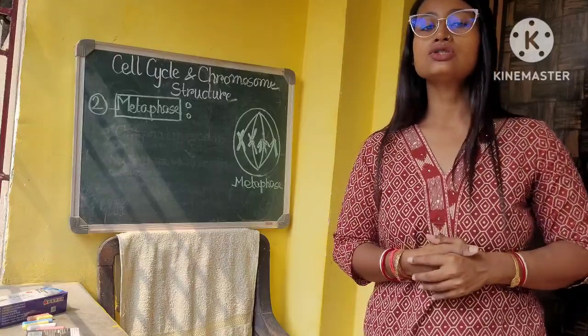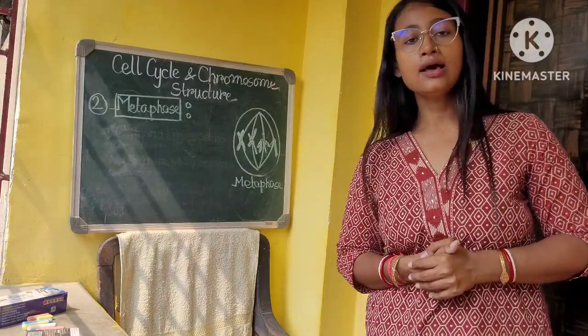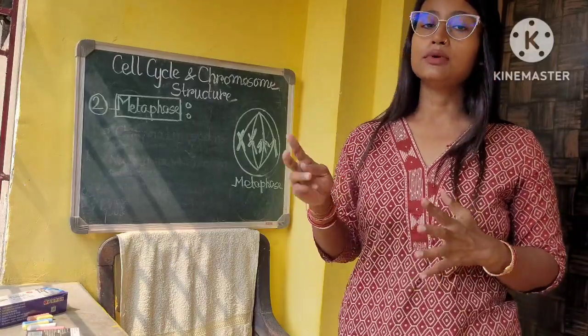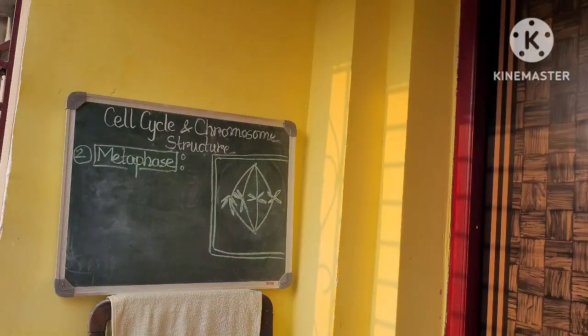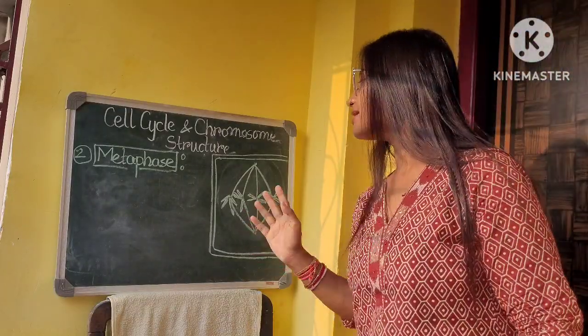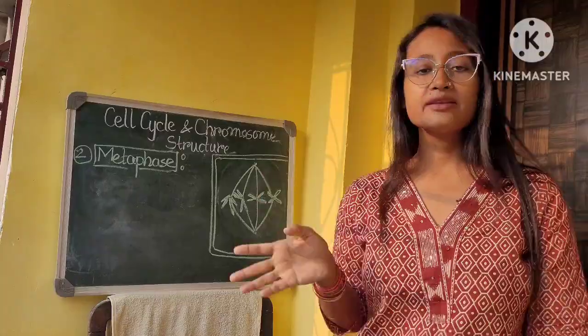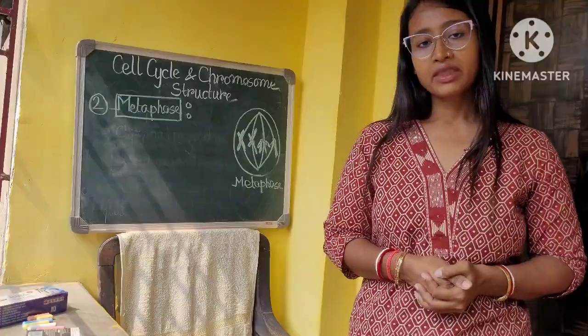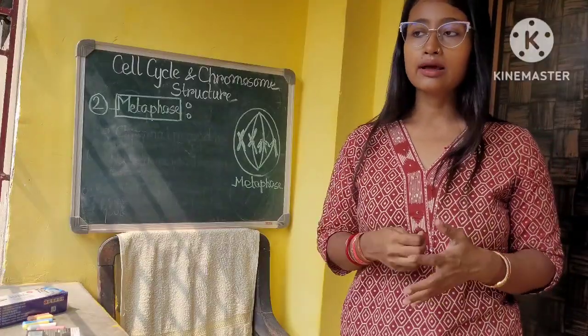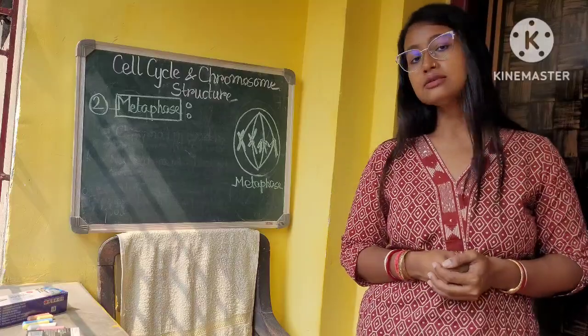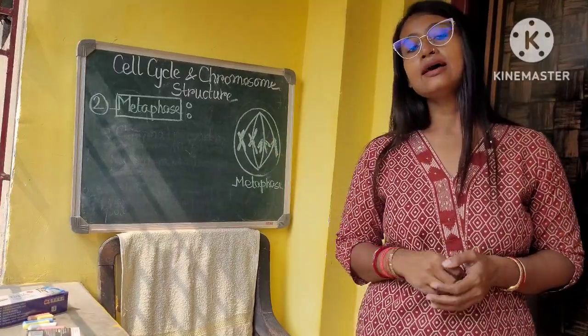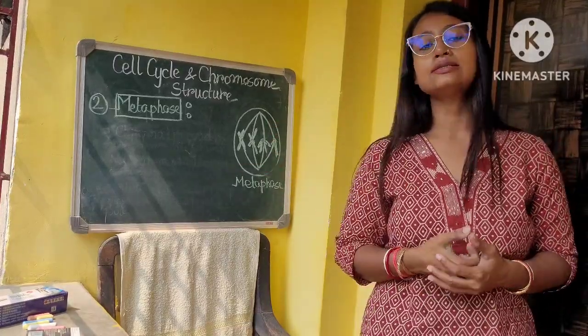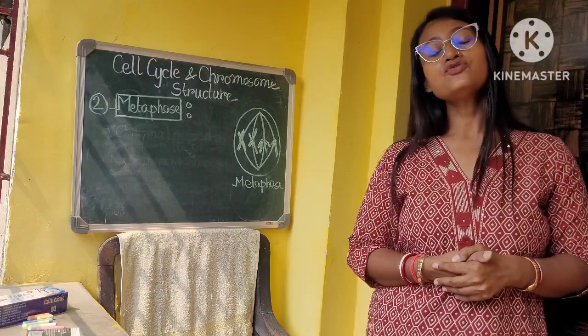These thread-like structures are known as the astral rays in case of animal cells, and in case of plant cells we call them the spindle fibers. Why are there 2 different names? Because in case of animal cells, these thread-like structures are made from the centriole.